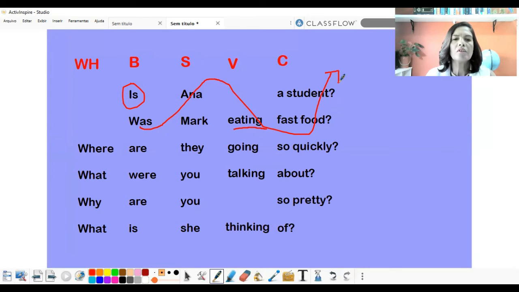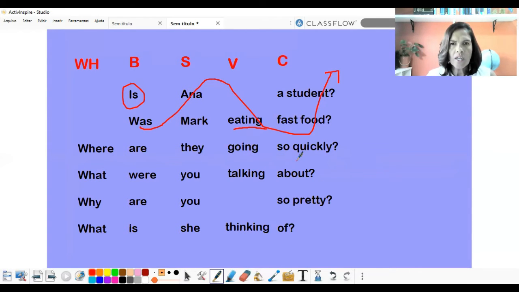Now, look at here. I only have now information questions. Verb to be, subject, verb in the gerund, and the complement. So let's have a look here. So where are they going so quickly?